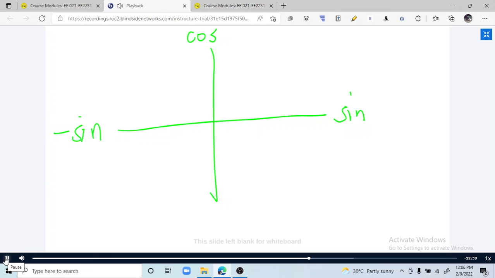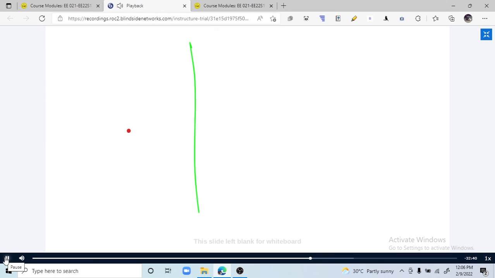This will be negative sign. This will be sine, this will be your cosine, and this will be your negative cosine.